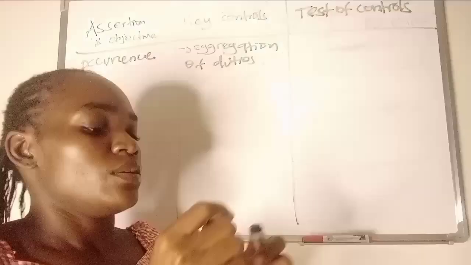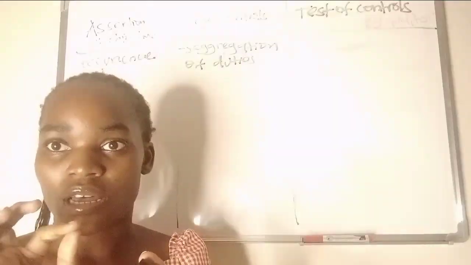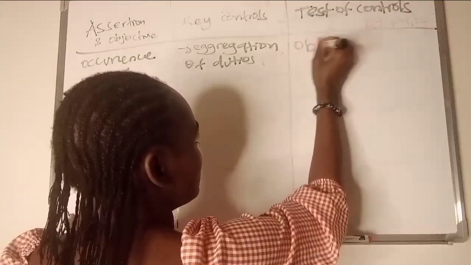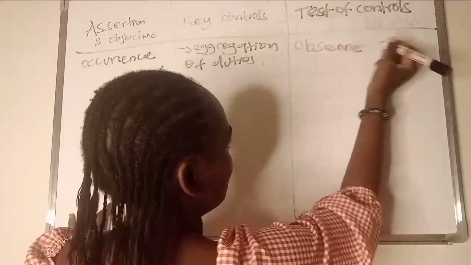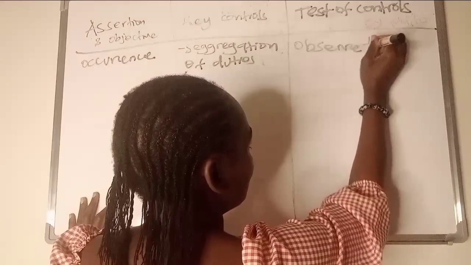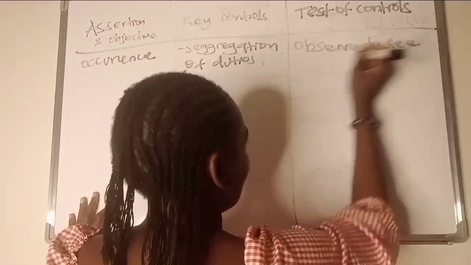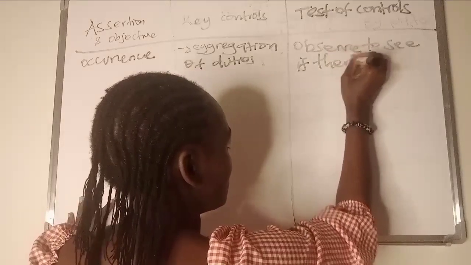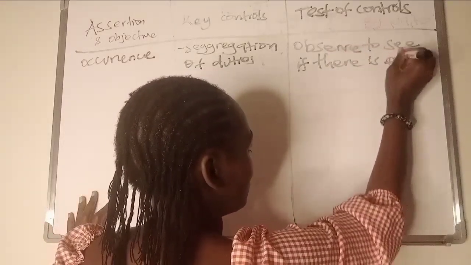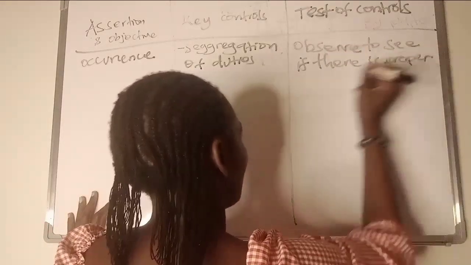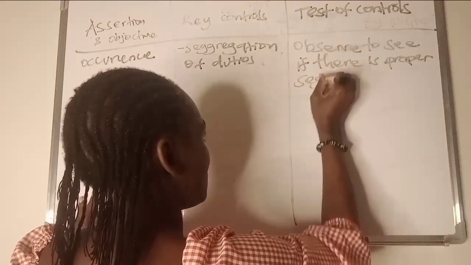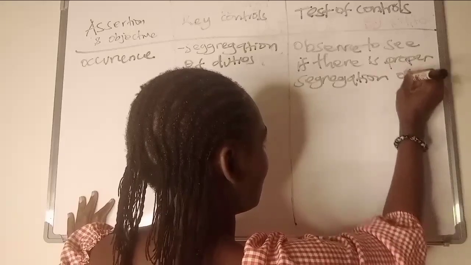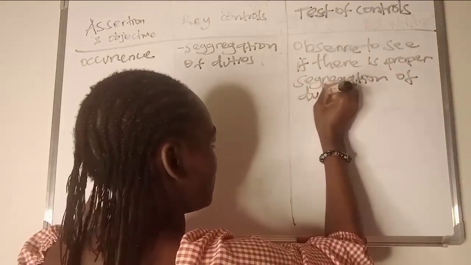So here the auditor is just supposed to observe to see if there is proper segregation of duties.